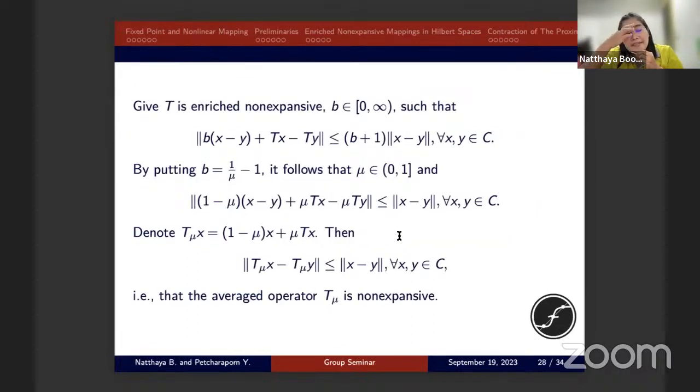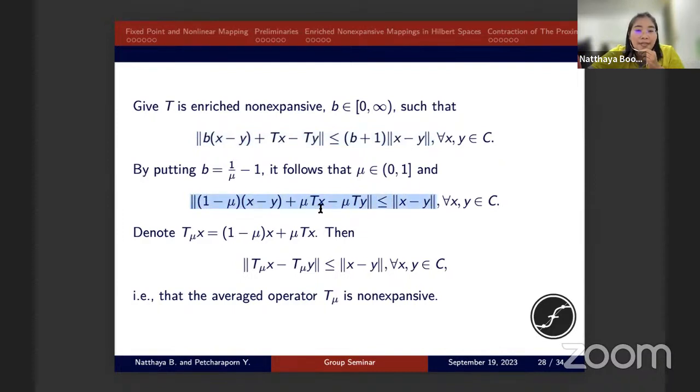Before the next theorem, I define that T is an enriched nonexpansive mapping when there exist constants such that the inequality holds, and when we set b equal to 1 over mu minus 1, with mu in the half-open interval, we get this inequality.